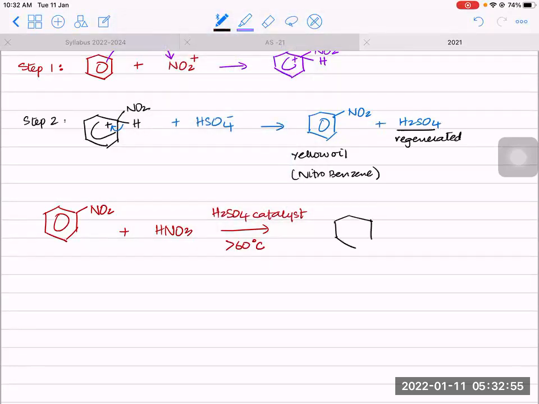So this results in dinitration. You will have NO2 here, and this will go on carbon number 3 over here, and you will get water. So this is dinitration at a temperature above 60 degrees Celsius, giving you two nitro groups on the benzene, on carbon 1, which you already had, and carbon 3. And this will be called what? 1,3-dinitrobenzene.